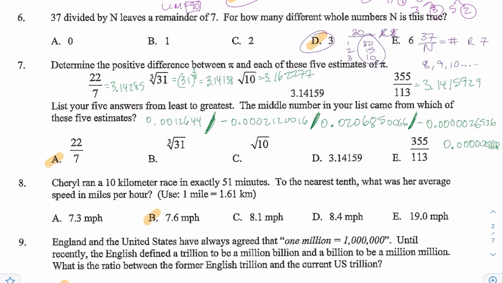You want the positive difference, so you can ignore the negative signs. And here, the one with the most zeros in front will be the last one. This is the smallest. Then this has 5 zeros, so this is the second smallest. Then this has 3 zeros, which is the middle. Then this is the fourth, and this is the largest distance. So the answer will be the cube root of 31.